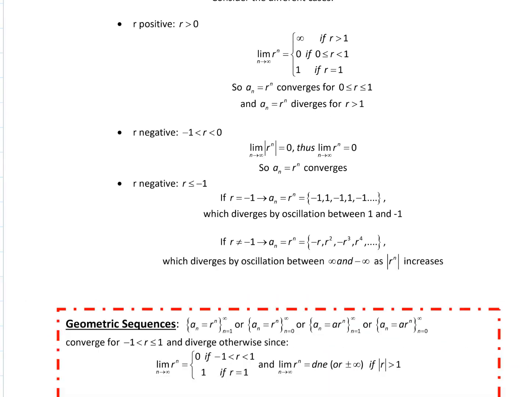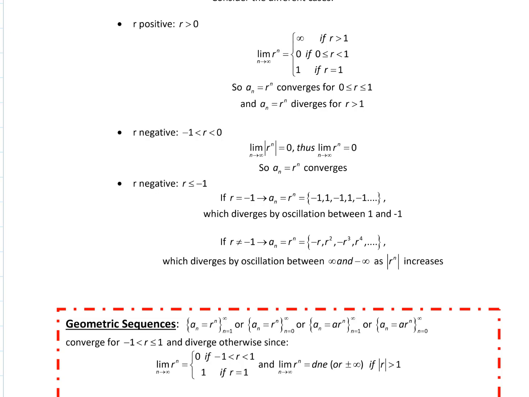If r is negative and less than 1, then we've got a couple different scenarios. If it equals -1, then we just have that oscillating switch, -1, +1, -1, +1. So of course that diverges by oscillation.